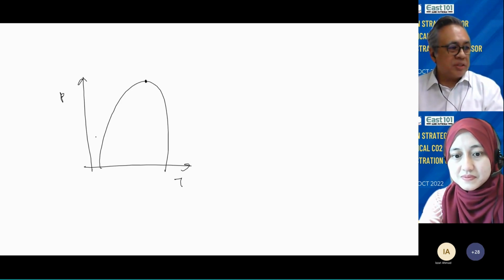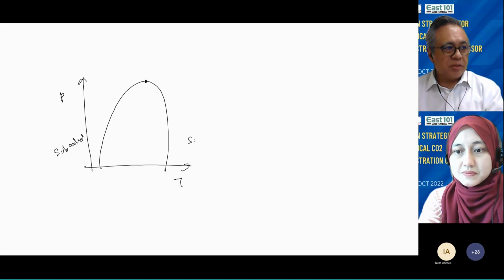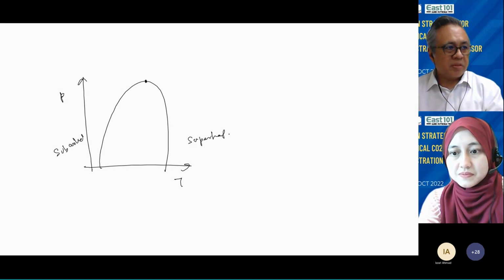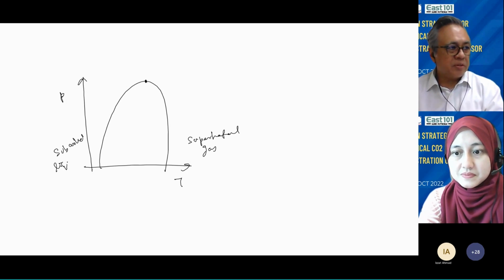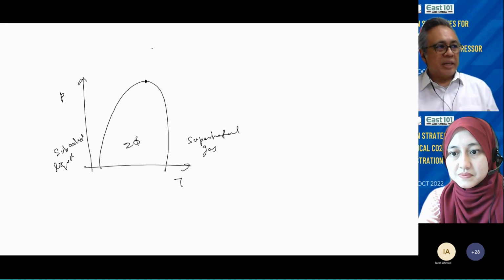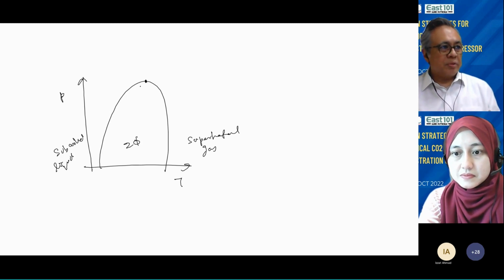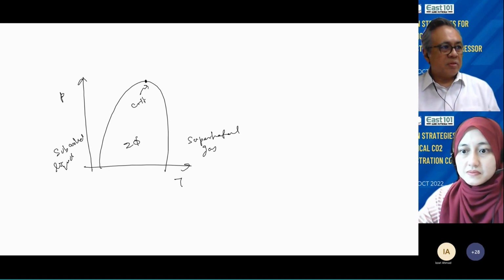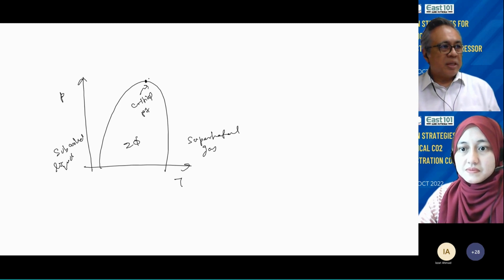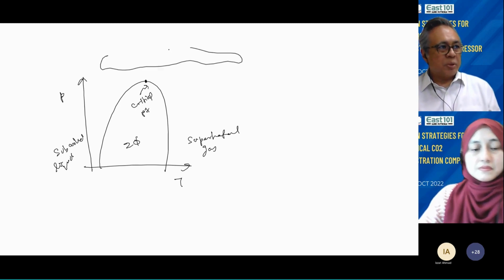In this case, I am subcooled. In this case, I am superheated. Superheated gas, subcooled liquid. Here I have two phase. And this is my critical point. And here I am supercritical.